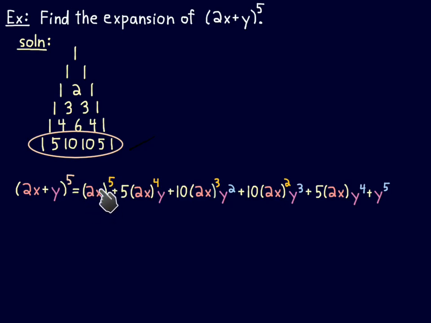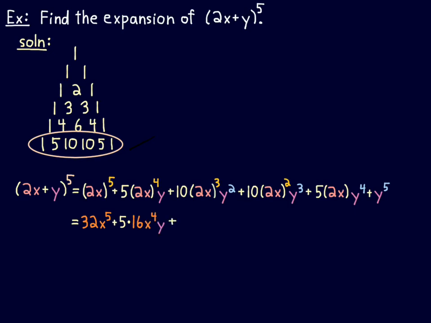So your coefficient of the x to the 5th term is going to be 32, not 1. So you have to multiply that out. Here you have to take 2 to the 4th, which is 4 times 4, 16, times 5, right? It's 80. Here you have to take 2 cubed, 8, times 10, is another 80. So make sure you multiply these out, right?